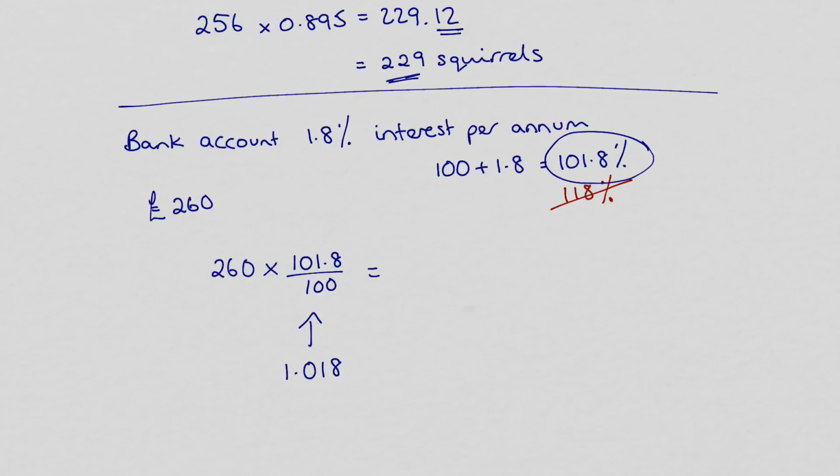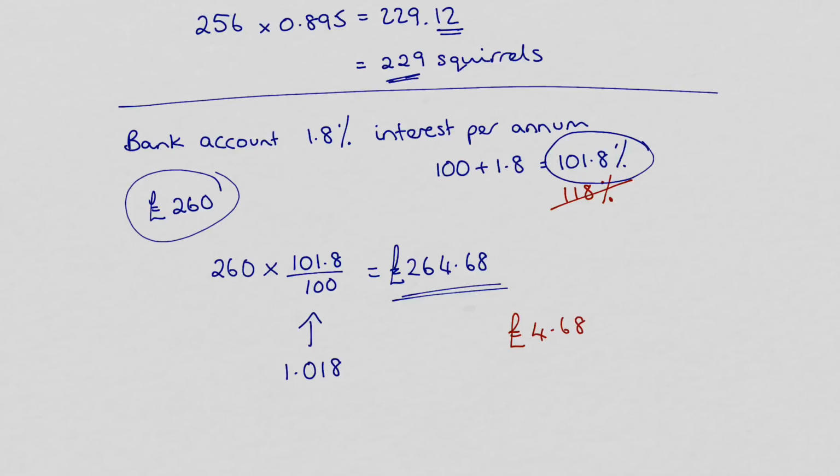Okay, whichever way you do it, you get £264.68. So for leaving your money in that account for a year, you end up with £264.68 rather than your £260 that you started with. So the interest that you've gained is £4.68, because that's how much more you've got now.